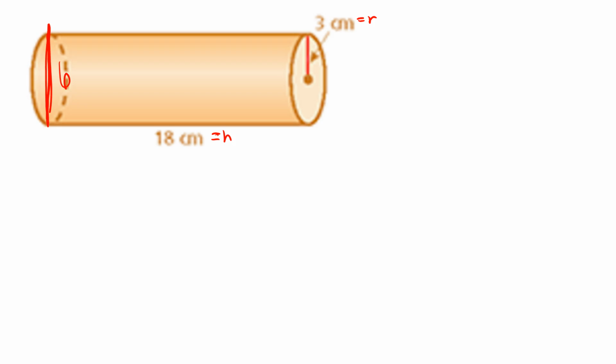I want everybody to go ahead and write the formula on their own. Okay, you should have SA equals 2 pi r squared plus 2 pi RH. Very similar, but this one is r squared, this one's not, and this one has height. Okay, go ahead and substitute now.